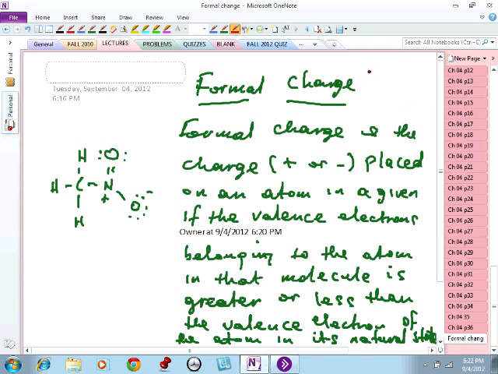Now, how do you do that? Let us assume that we have an acronym for formal charge. Let us use that acronym.